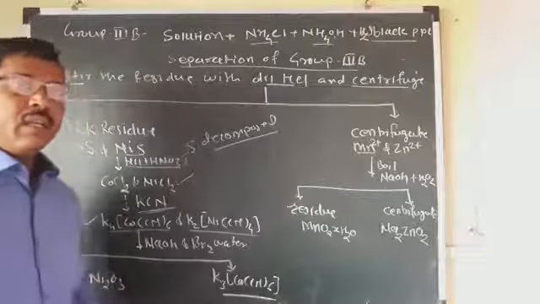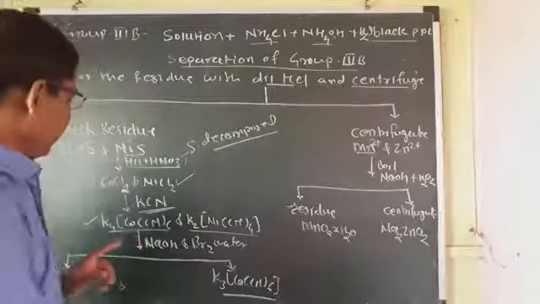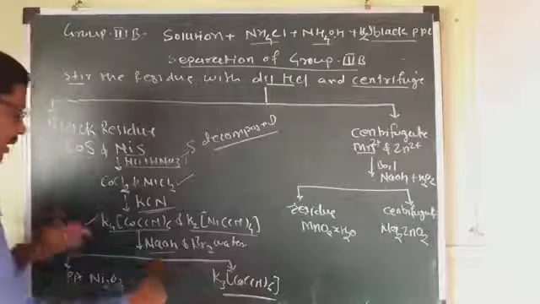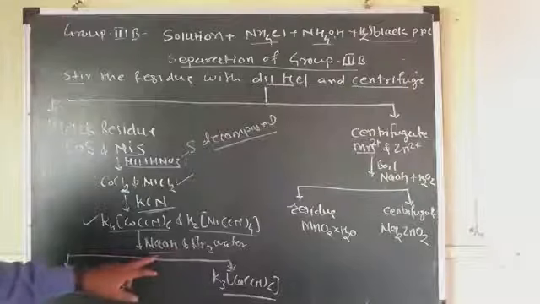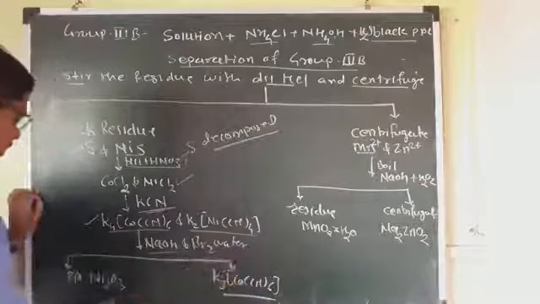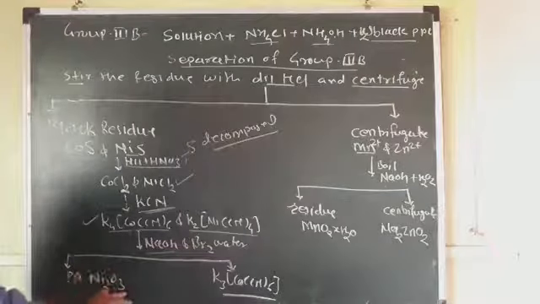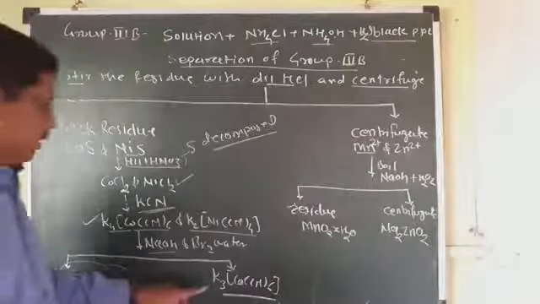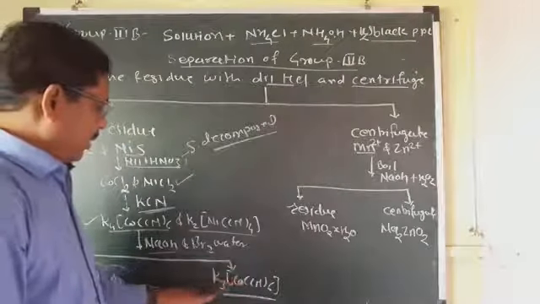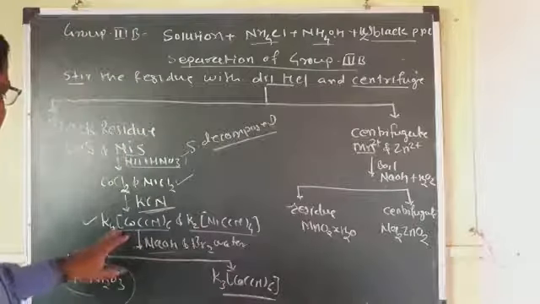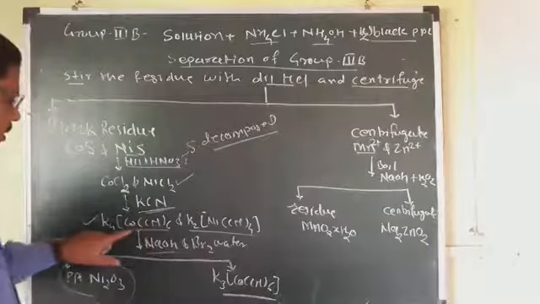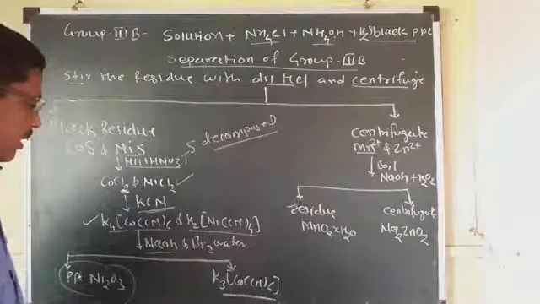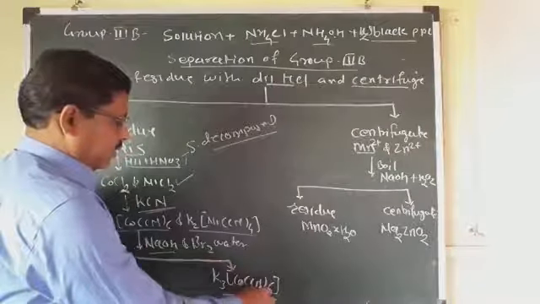These cyanocomplexes of cobalt and nickel are treated with sodium hydroxide and bromine water. This forms a residue, a precipitate of nickel oxide, and in the centrifugate the cobalt is oxidized in presence of sodium hydroxide and bromine water to form K3[Co(CN)6].